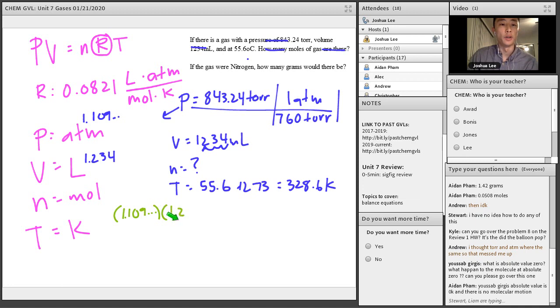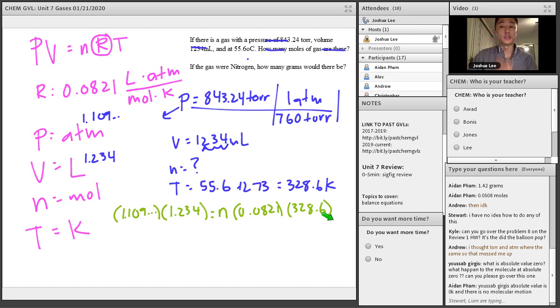We know the volume is 1.234. We're looking for n. We know R is 0.0821 and temperature is 328.6. Perfect. Thanks, Aiden.